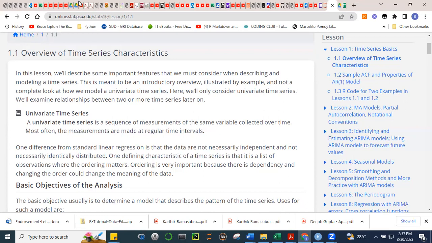For example, 2022, you're looking at the GDP of several units, like all countries. So you have different countries, and you're taking a look at their GDP in 2022. That's what we call cross-sectional data.